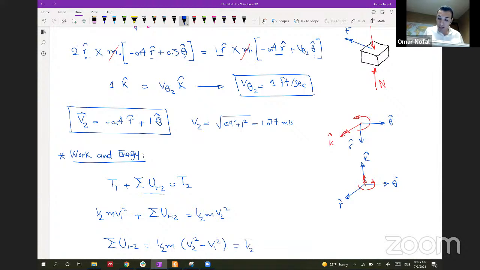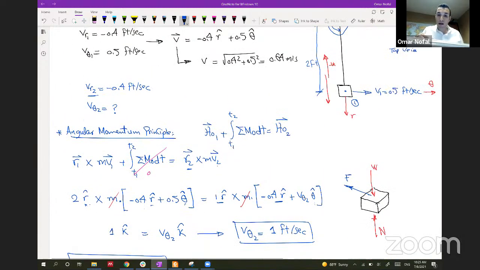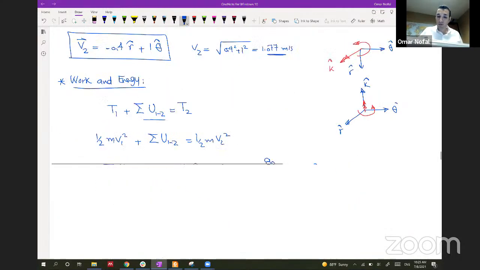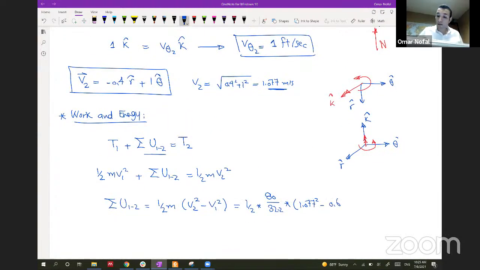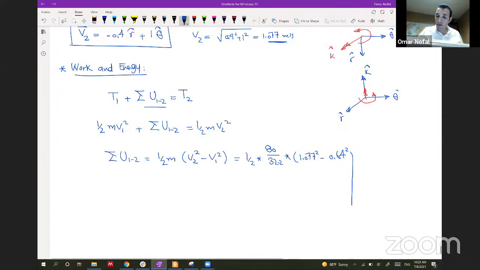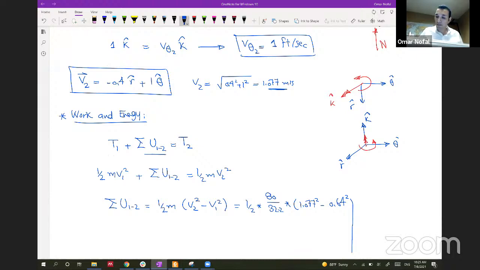And this should be equal to half, and the weight is 80 pounds, so we need the mass, so we divide by 32.2, and we multiply by v2 squared, which is 1.77, minus v1 squared, which was 0.64 meters per second, squared, and this should be equal to 0.93 pound-foot, the unit of work.